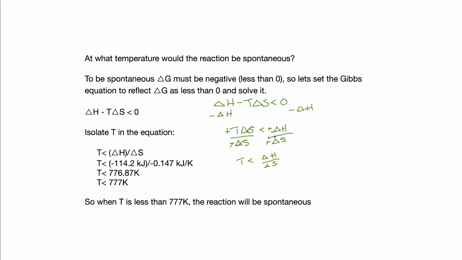Okay, and in this case, which we have over here, we plug in the values for enthalpy and entropy. Do our math. Don't forget sig figs. We've got 3 significant figures. We get a temperature of 777 Kelvin. So in order for this reaction to be spontaneous, the temperature has to be less than 777 Kelvin.